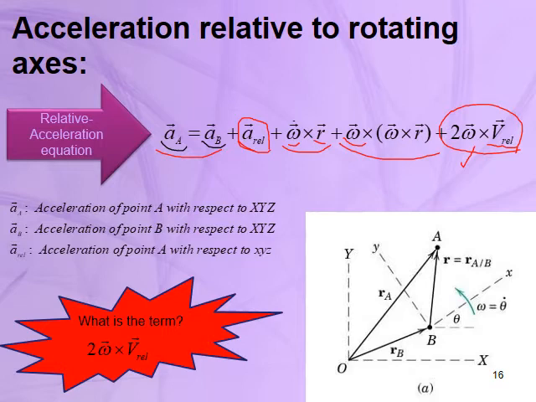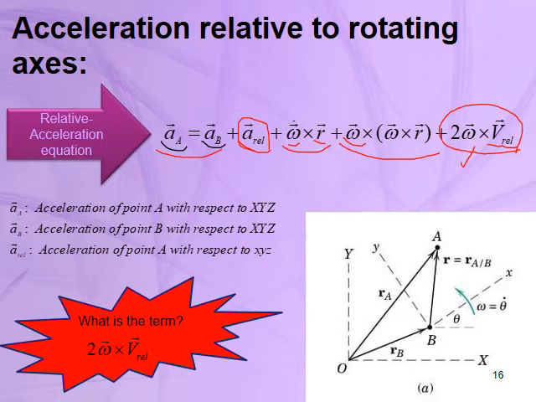You can Google it, and maybe you can find some interesting results for this equation. Just to let you know, this term is usually called the Coriolis acceleration, and it's very important when you want to calculate the motion of a body which has a significant velocity in comparison with the Earth's velocity.